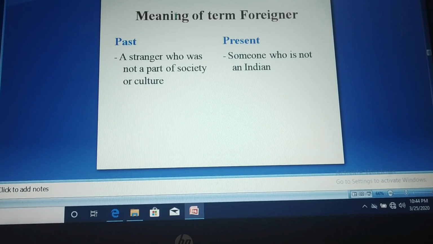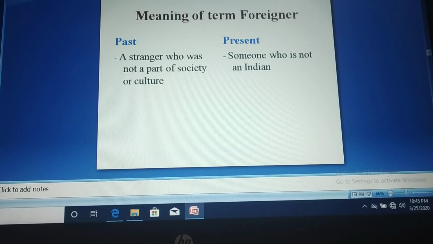Even people from the same country, if they moved to a different region, were called Pardesi. Whereas nowadays, the term Pardesi is used for a foreign national, a person from a different country. So we have studied two types of changes. One, the changes in maps. The second, the changes in terminologies.